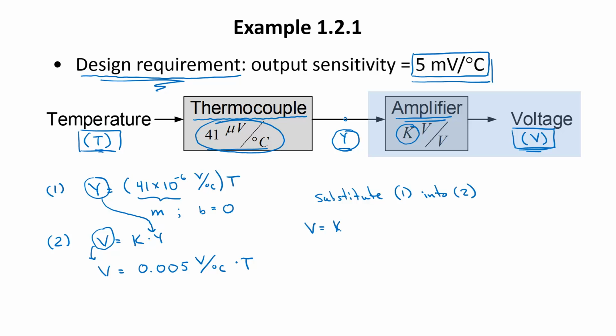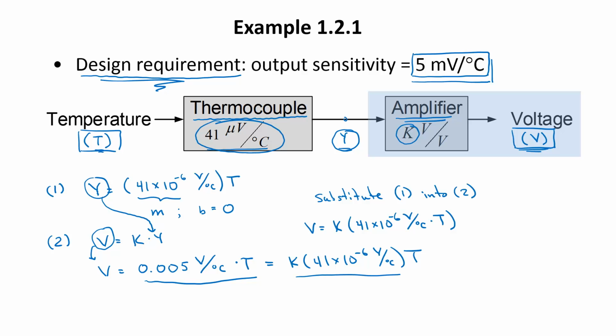V is equal to K times 41 times 10 to the minus 6 volts per degree centigrade times T. 0.005 volts per degree centigrade times T is equal to K times 41 times 10 to the minus 6 volts per degree centigrade times T. Equating these two terms, the T will cancel out. I can solve for K.